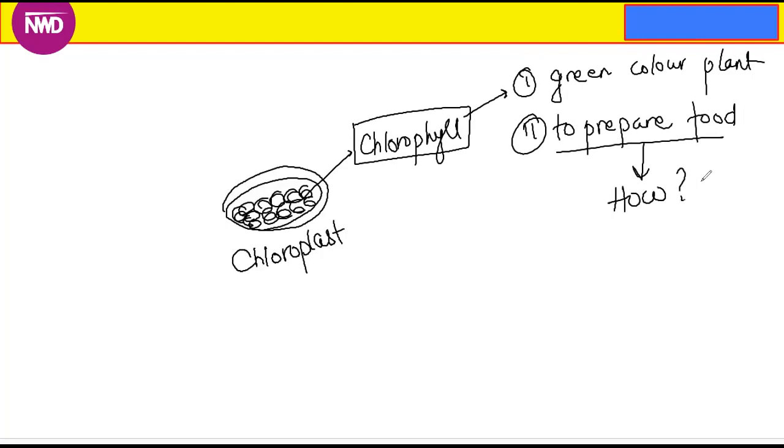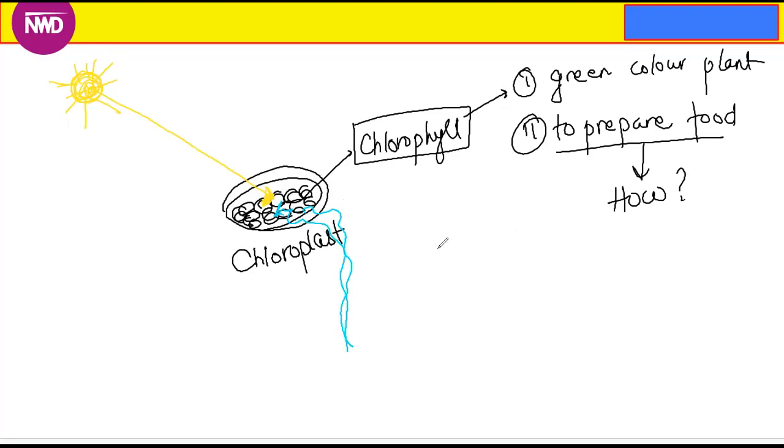For the preparation of food, once again, students, you can see here that this is the sun. Okay. And the plant utilizes the sun's energy. It is coming here. So this chlorophyll first traps the sun's energy. Moreover, we also know that plants receive water by the roots. Correct. So water also gets trapped here in the chlorophyll.